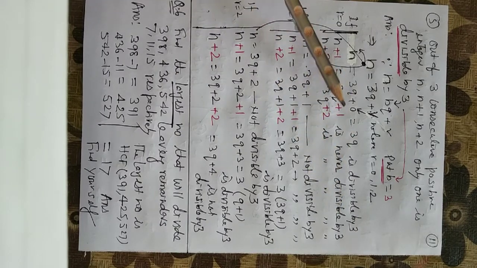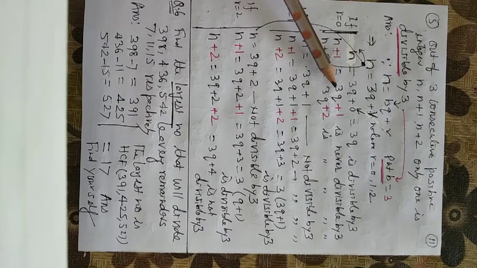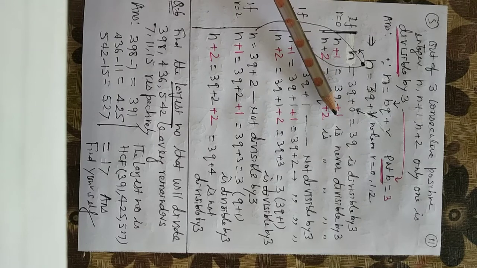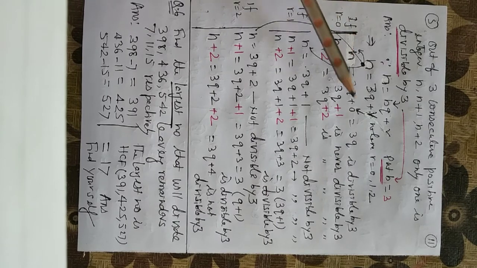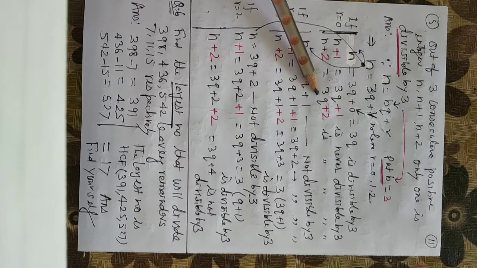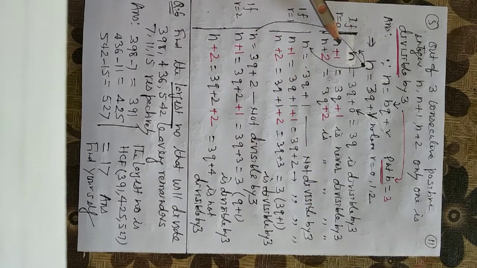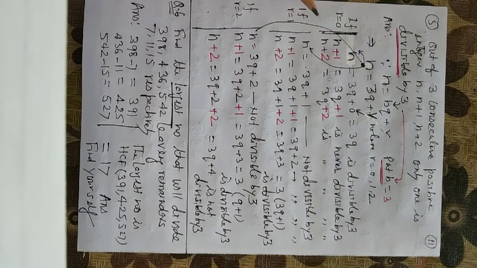This contains 3, this does not contain 3. Now 3q contains 3, but 1 does not contain 3. Now adding 2 to both sides, n plus 2 is equal to 3q plus 2. This is also not divisible by 3. So out of the three numbers n, n plus 1, n plus 2, only 1 is divisible by 3.